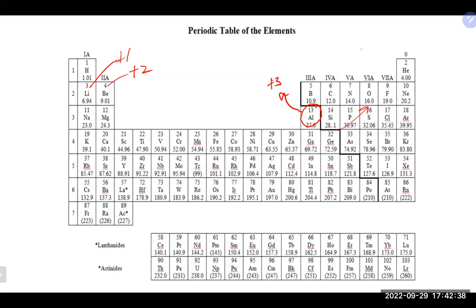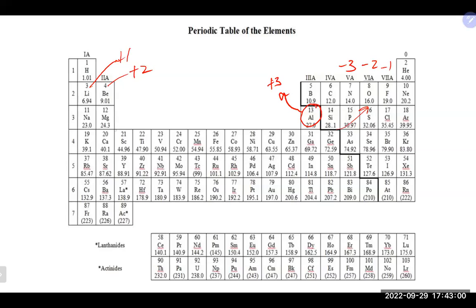That's -3 in group 5, -2 in group 6, and -1 in group 7. So these guys have fixed positive and negative charges.